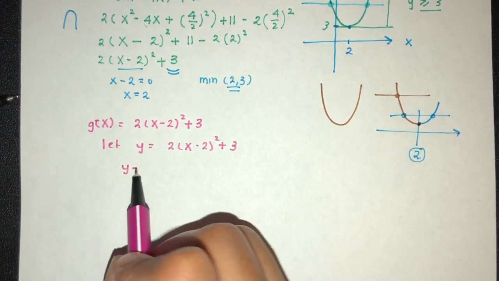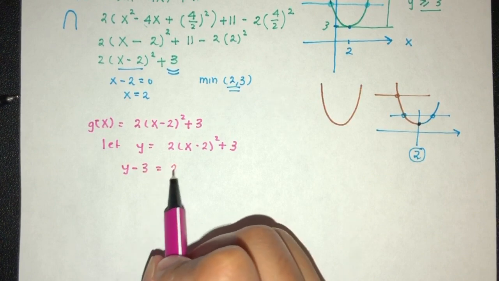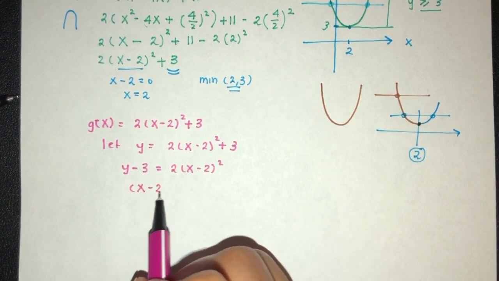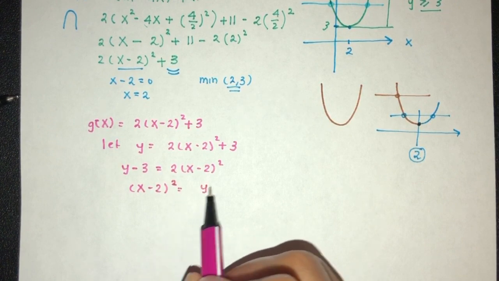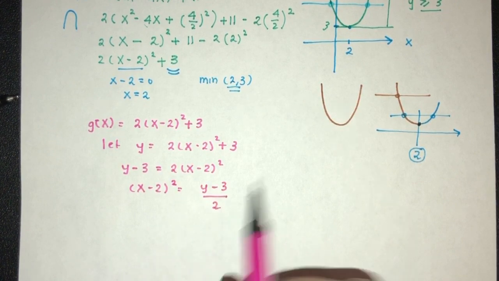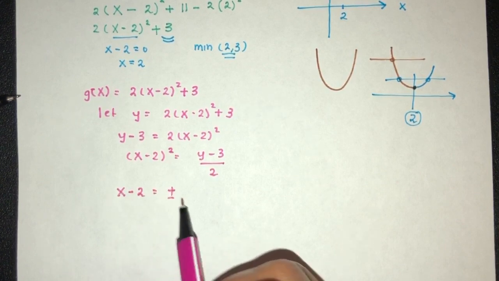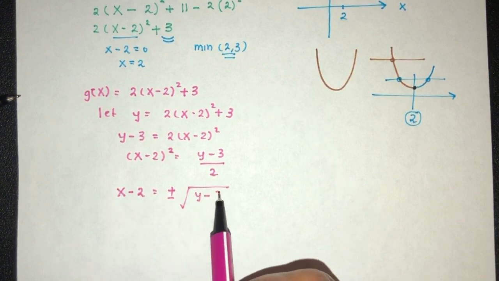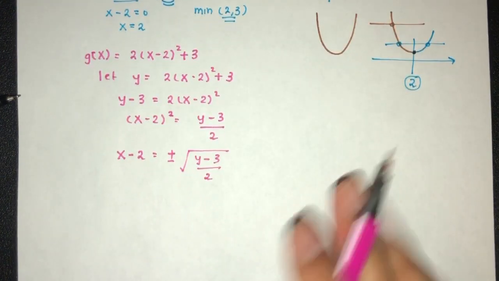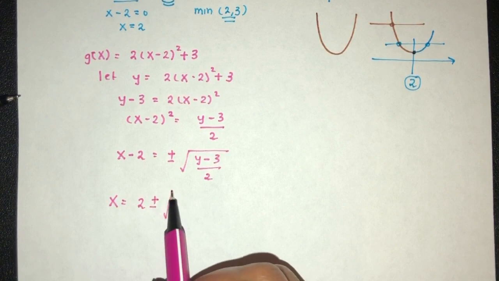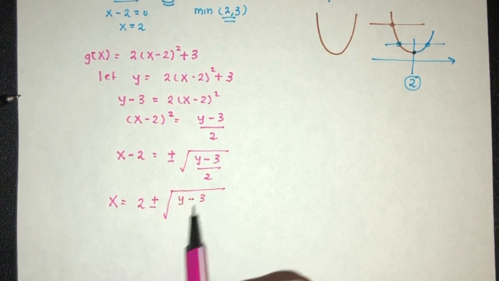We can send y to the left-hand side first. (x − 2)² should be (y − 3)/2. Then x − 2 should be ± the square root of (y − 3)/2. And finally, x has to be 2 ± √((y − 3)/2).